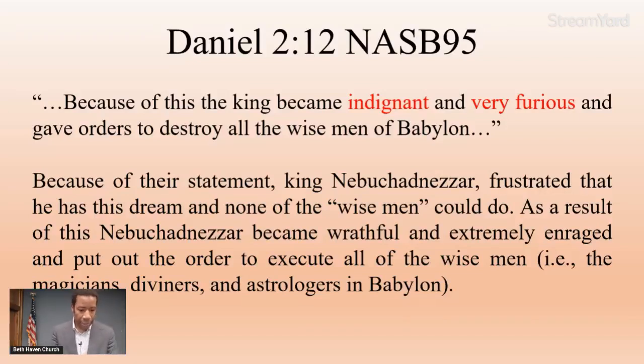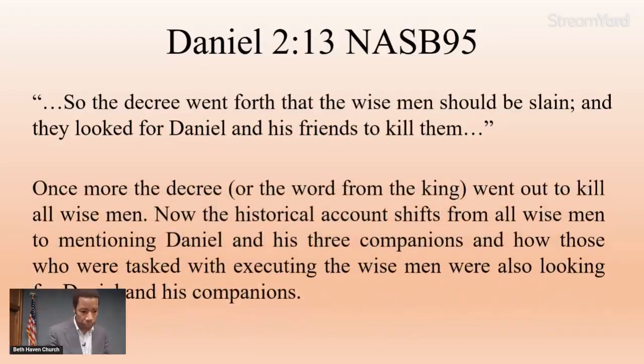As a result, Nebuchadnezzar became wrathful and extremely enraged and put out an order to execute all the wise men of Babylon. By the way, this includes Daniel and his companions, okay? Which is described in verse 13.